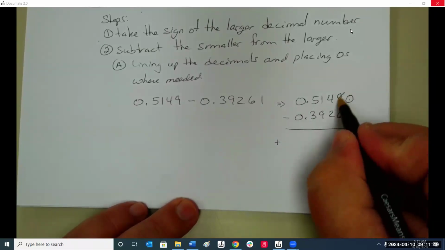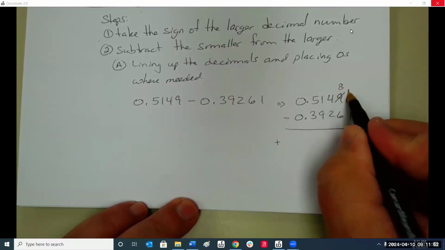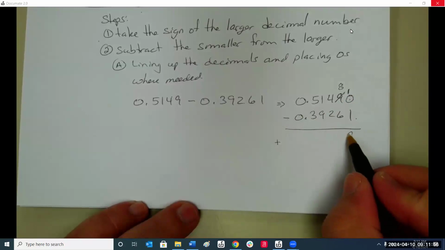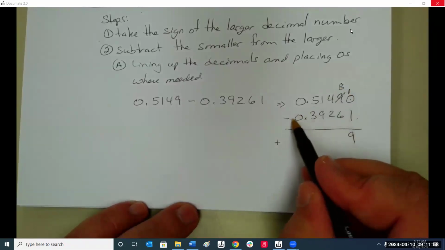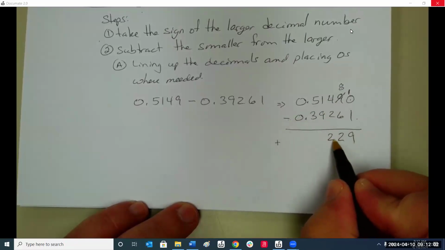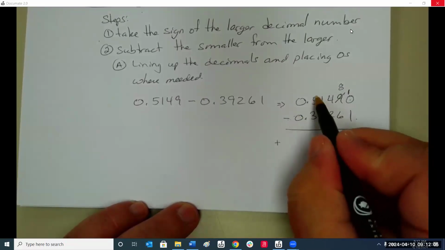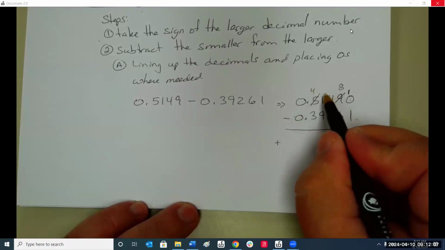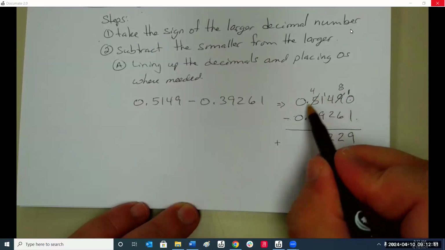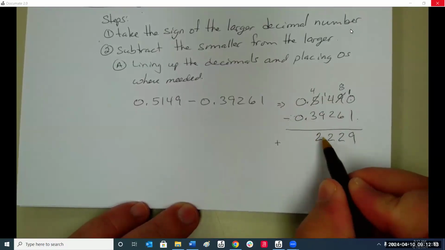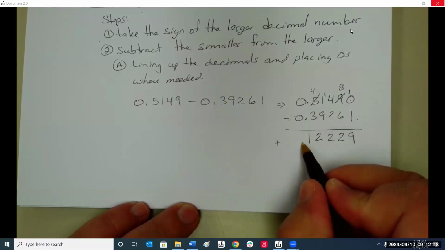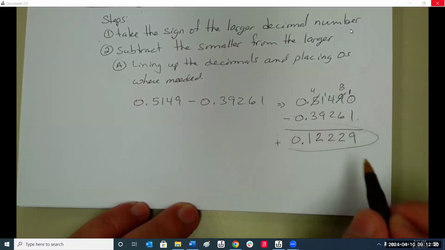You can't do that, so you got to borrow. 10 minus 1 is 9. 8 minus 6 is 2. 4 minus 2 is 2. 1 minus 9, you can't do it, so I got to borrow 1. So now I have 11 minus 9 is 2. 4 minus 3 is 1. The decimals, and there's one, and it's positive.